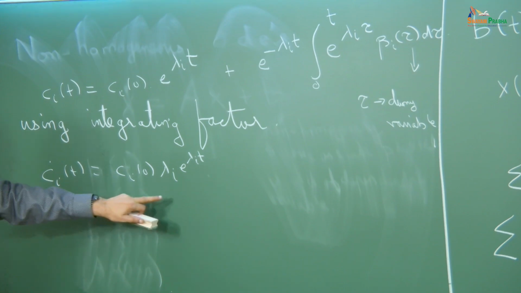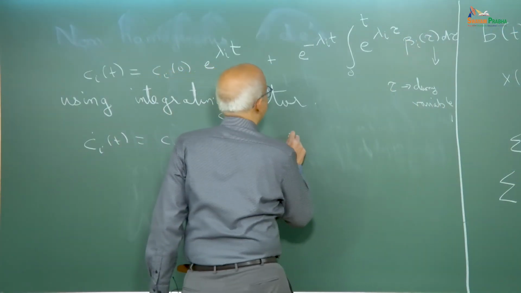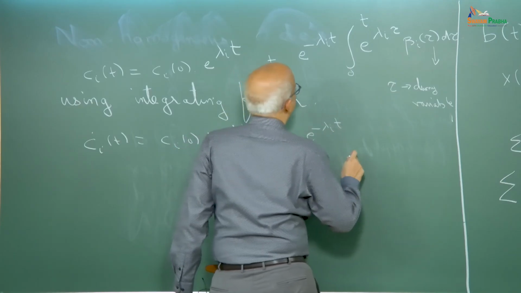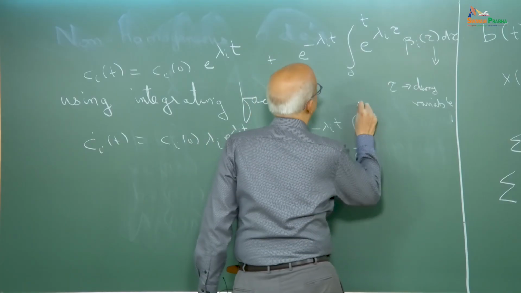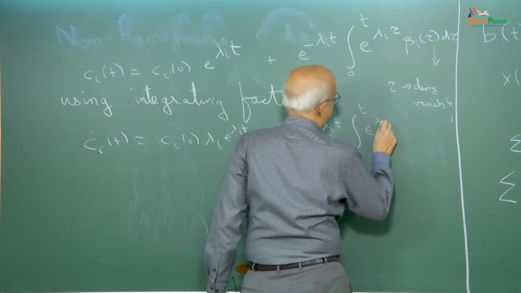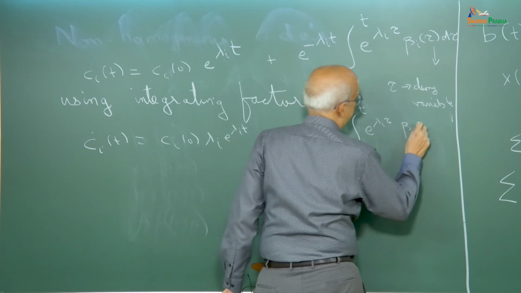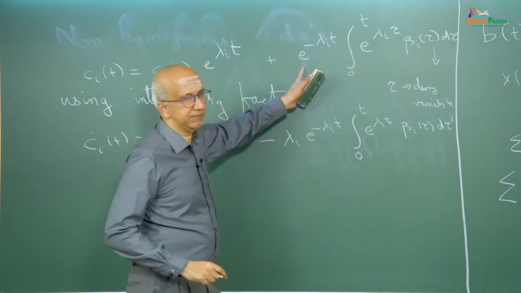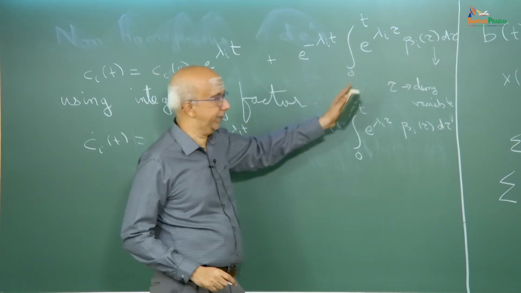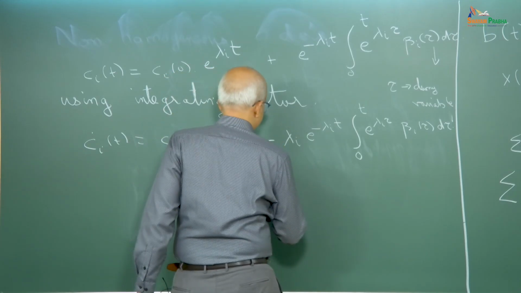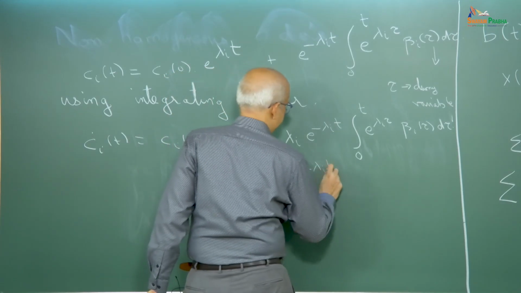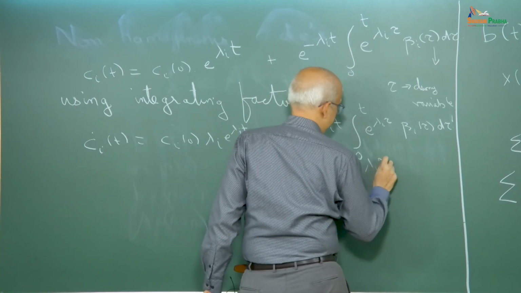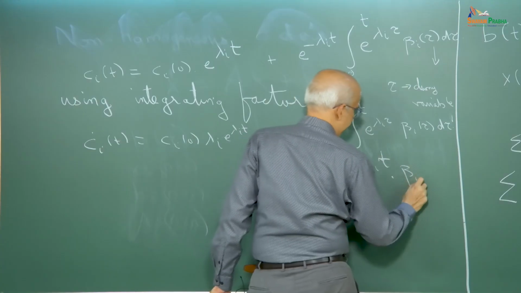So, I get that plus, okay, minus lambda_i e^(-lambda_i t) times integral from 0 to t of e^(lambda_i tau) beta_i(tau) d tau, and I will use product rule, right. So, I need to write this as plus e^(-lambda_i t) times derivative of this, multiplied by e^(lambda_i t) times beta_i(t).